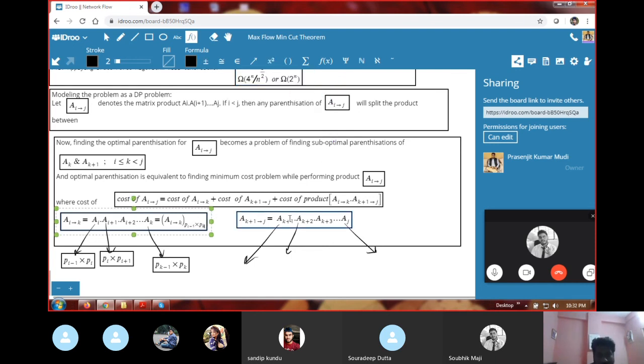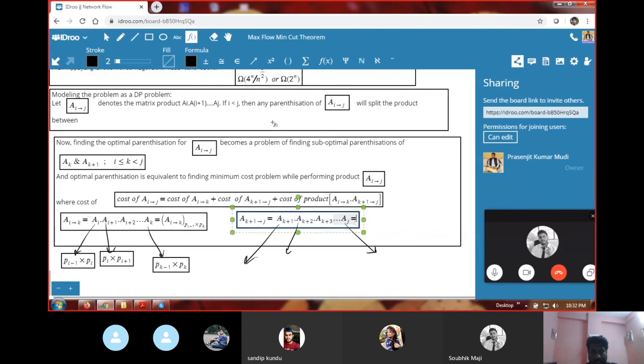This is important. Similarly, you can find the dimensions of A_k+1..j: p_k cross p_k+1, then p_k+1 cross p_k+2, then p_k+2 cross p_k+3, and the last dimension will be p_j-1 cross p_j. After multiplying all these matrices, the first dimension left is p_k and the last is p_j. Okay, so that we can write here.